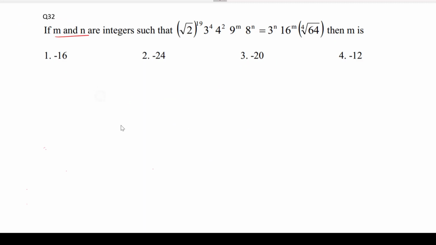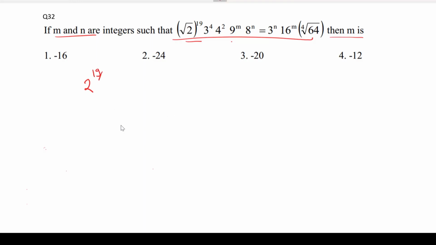Next question: if m and n are integers such that the equation holds, then find m. Here we have 2 and 3, and this side is also 2 and 3. So we need to keep all the 2's at one place and the 3's at one place.